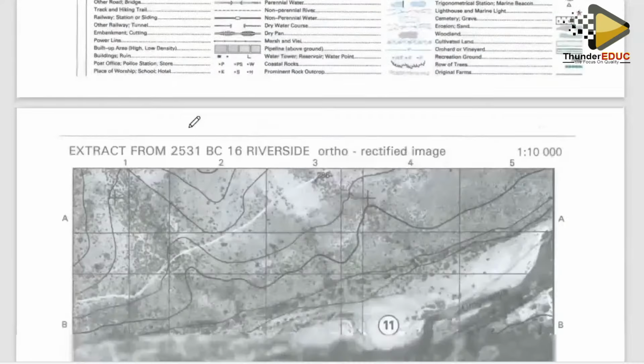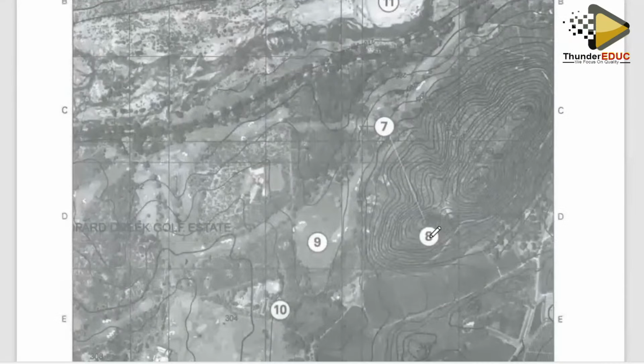Our orthophoto map is here, our 8 is here, our 7 is there. Checking our values, 7 is the index contour line, this one here, and our value you can see is 300. It's written here. And this spot height is here.